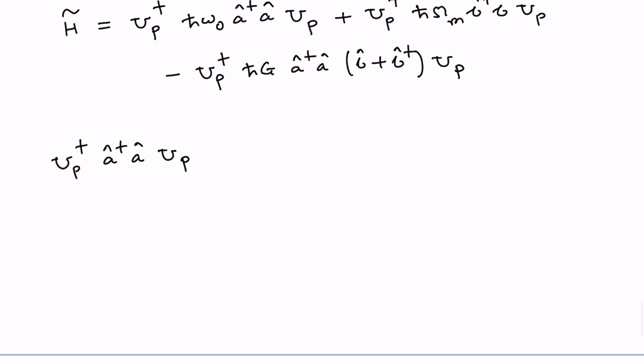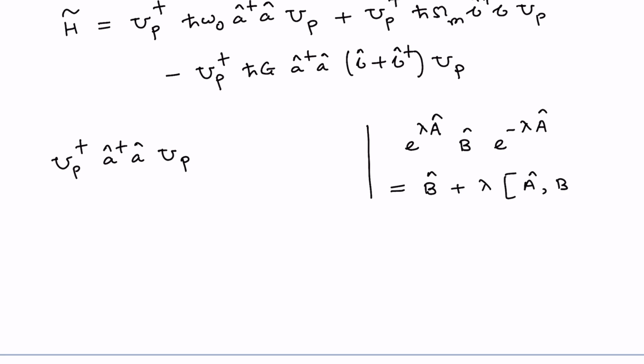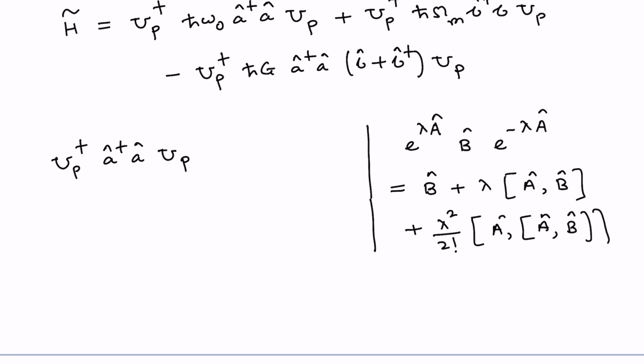To do this, let me invoke the Baker-Hausdorff formula, which we have done so many times: e^(λA) B e^(−λA) = B + λ[A, B] + (λ²/2!)[A, [A, B]] and so on, with many terms.